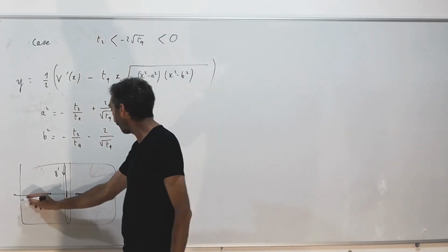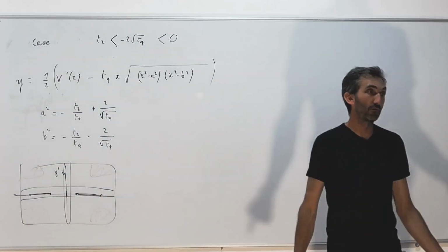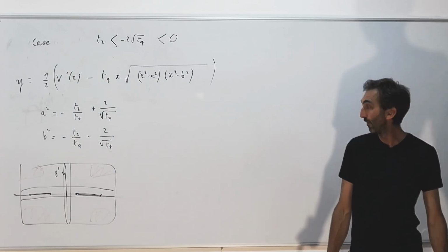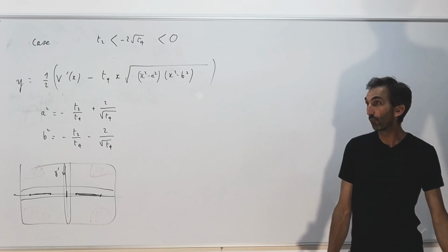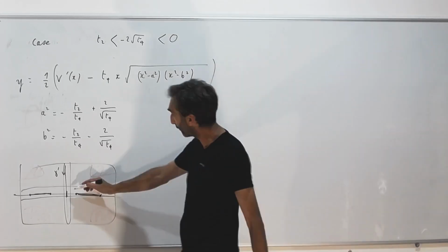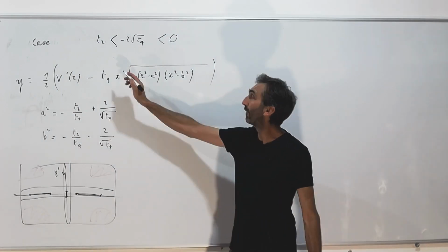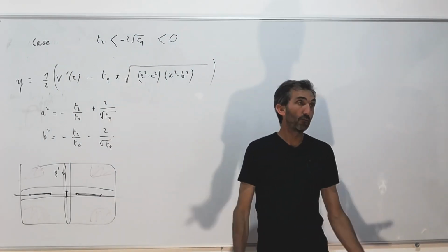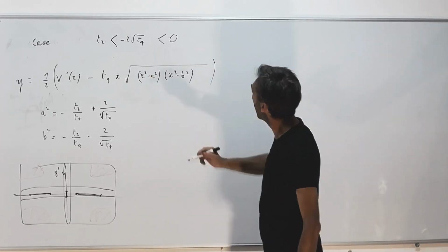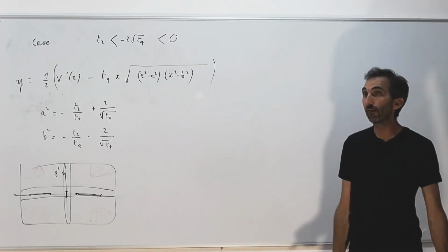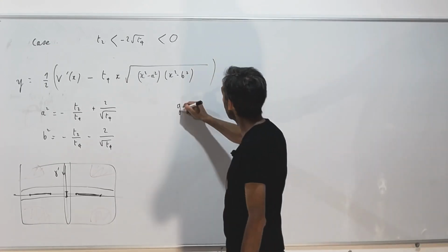But these cuts are on the real axis, so there is no reason why you would expect the integral to vanish for these cuts. So there is no constraint. The only constraint is that this cut has to collapse. So you have one double zero, but not several double zeros. And in this case, you have a square root of a degree 4 polynomial, which is characteristic of a genus 1 curve. So the genus of the curve is genus 1.